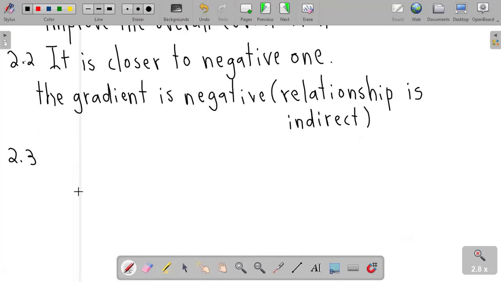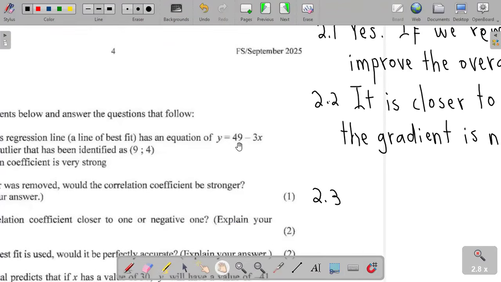So it's because the gradient is negative, or you can say the relationship is indirect. The gradient that they gave us here on the line is 49 minus 3x. So our m here is equal to -3 on this line, the line that we're given.